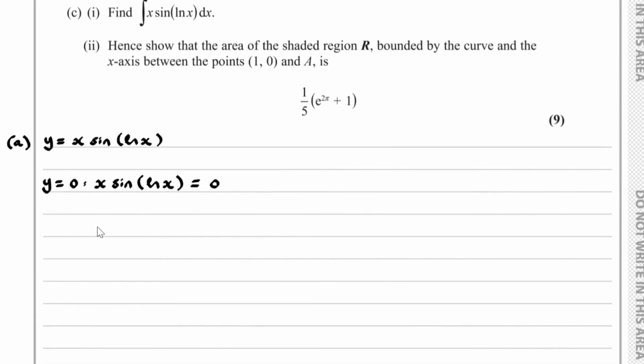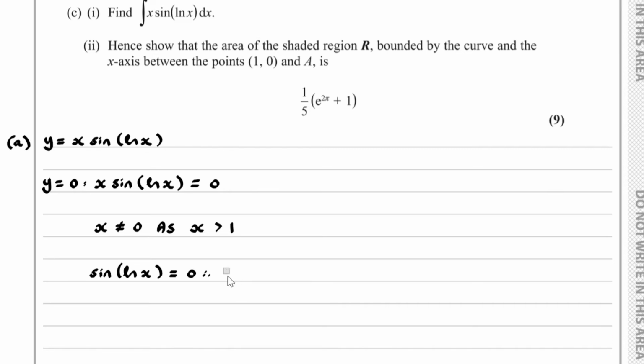Now, x cannot equal 0 as x must be greater than 1. And so what we have then is the sine of the natural log of x equaling 0. If I take the inverse sine of 0, I get 0, then pi, then 2 pi, and so forth.